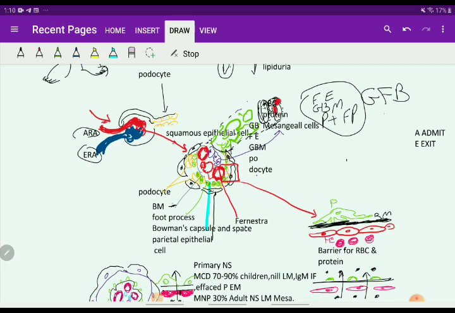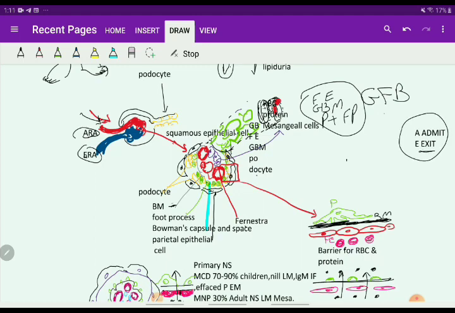If we look at this afferent arteriole, this is the one that brings the blood, and this is important because the effect of certain drugs and hormones is mainly on the afferent or efferent. The afferent is the one that brings the blood, the admit, and the exit means the efferent arteriole.